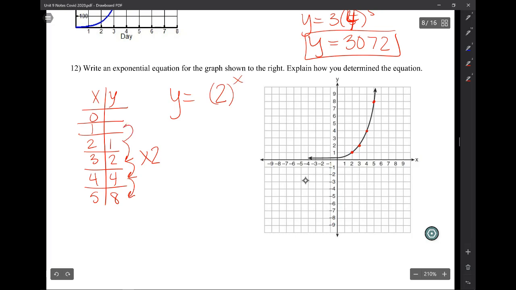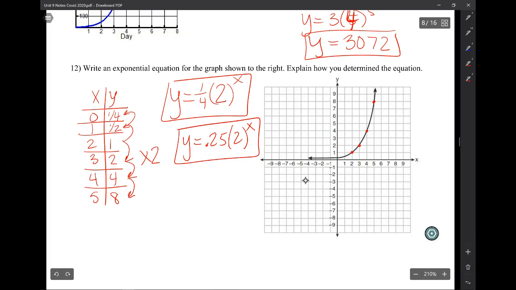All we have to do is work backwards 2 spots to find our initial amount. So if what came before 1 would be a half, and what came before a half would be 1/4 or 0.25. However you want to write it, I would accept either answer. And so did the Regents, but that means our y-intercept here is 0.25.